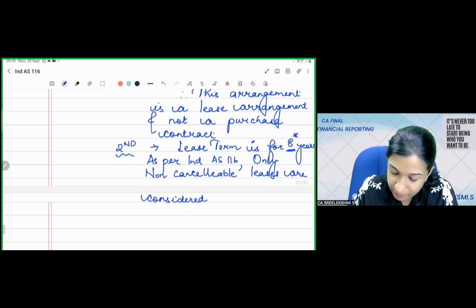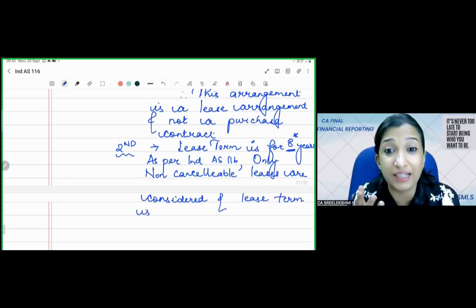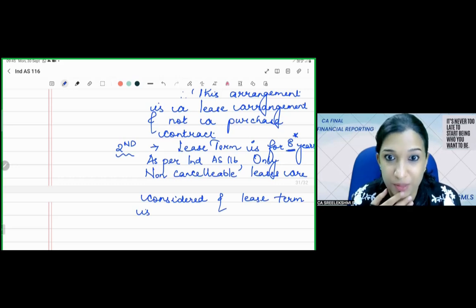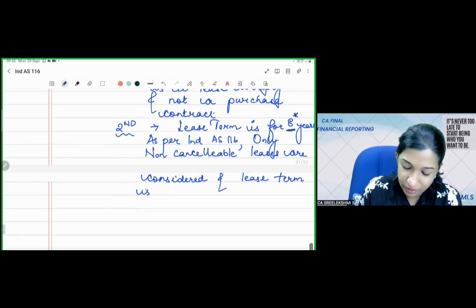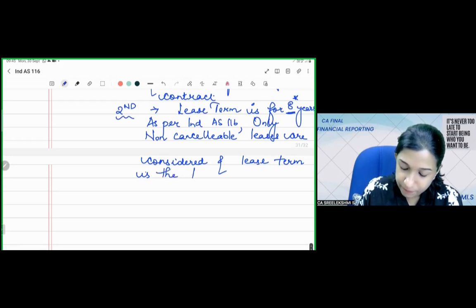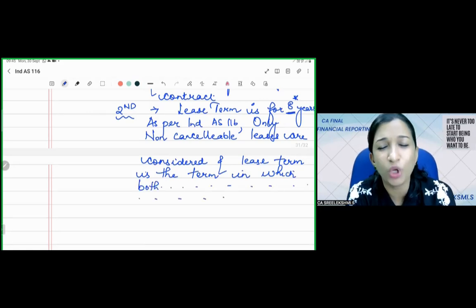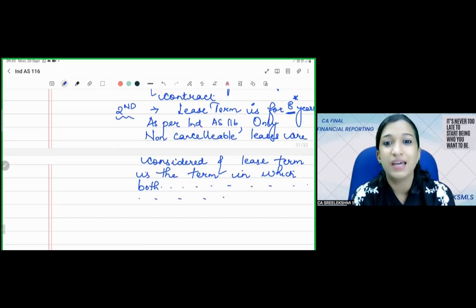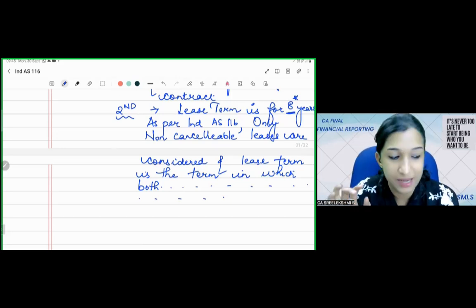As per IND AS 115, contract term is the term in which both parties have enforceable rights and obligations. In the same way, lease term is the term in which both parties have enforceable rights and obligations. Therefore, we are confirming that lease term is for 8 years.